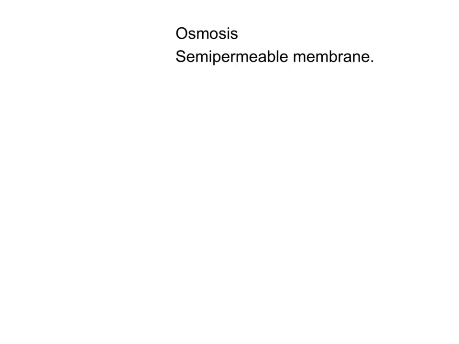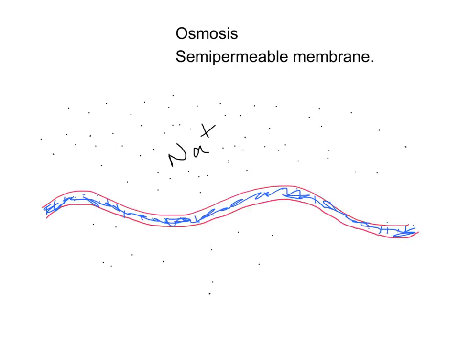So let's take a look at an example. As you look here, you see that the sodium on this side, all these little black dots, are a lot. And here on this side, there's less of them.